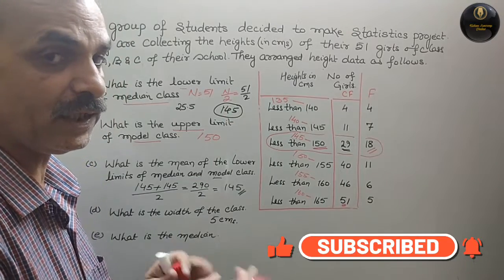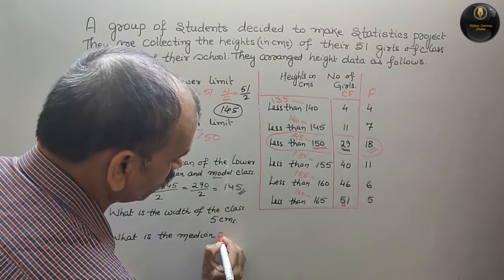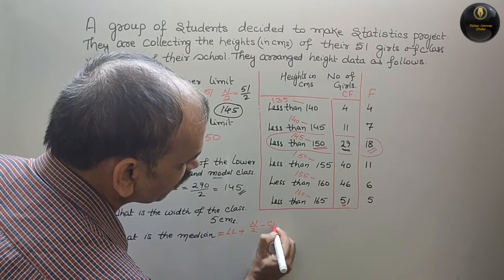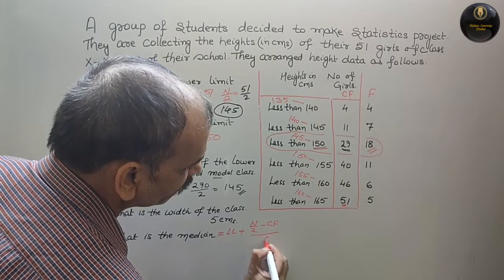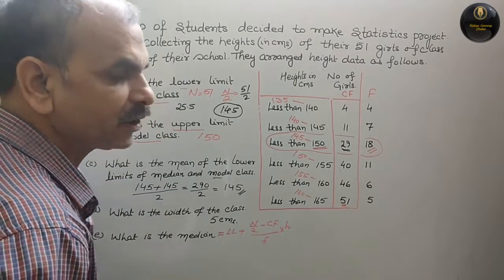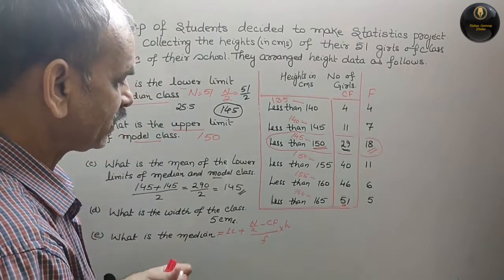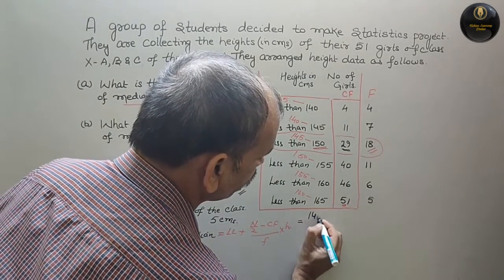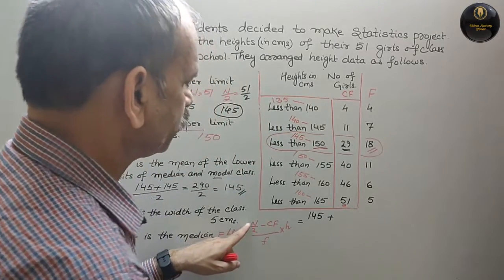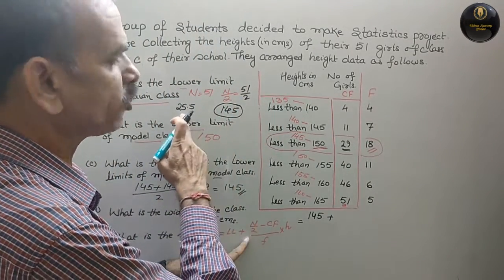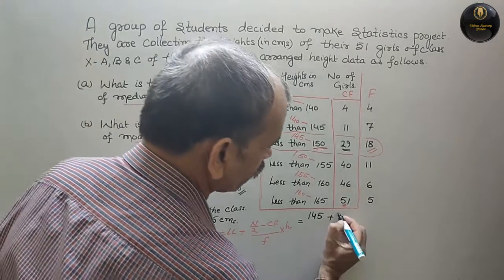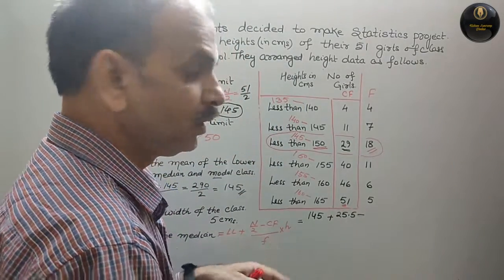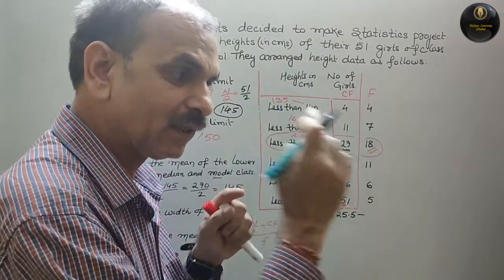For median, what we need, that we will write median is equal to lower limit plus N by 2 minus CF by F into H. This is the formula. So you can see lower limit is what? 145. So this is equal to 145 plus N by 2. N by 2 we have already found out, what? 25.5 minus CF. CF is what? Just previous to that class.